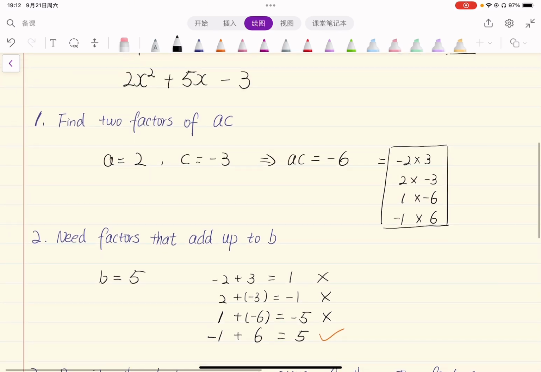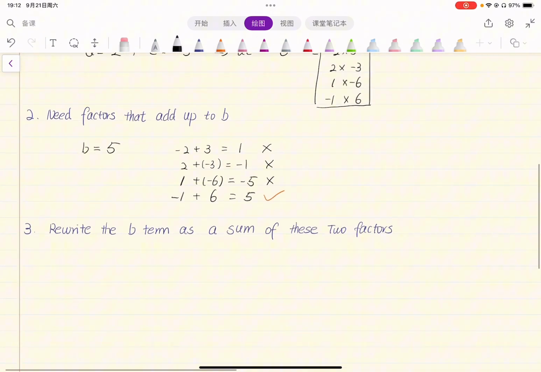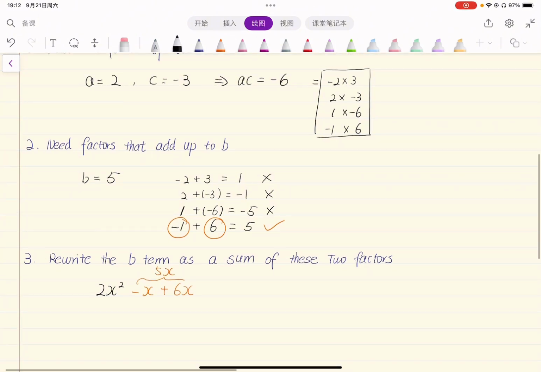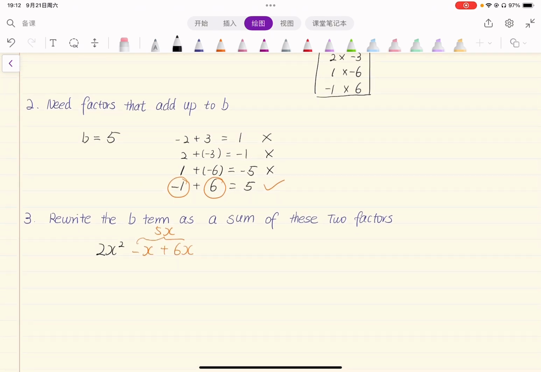Let us see. 2x squared, we don't need to change. So it's 2x squared. We need to change the B term. We can write that we have the minus 1 and the 6. So we can write minus x plus 6x. That is equal to the 5x, right? And what we have left is the C term, that is minus 3. So we write minus 3.